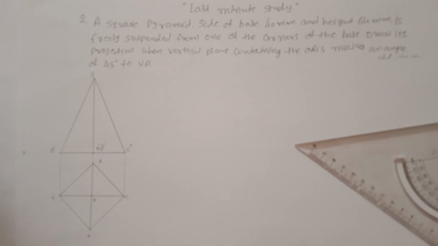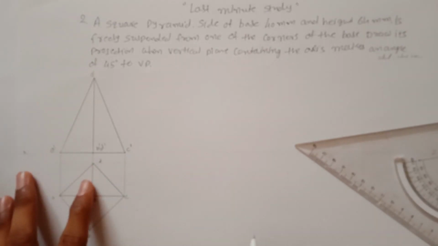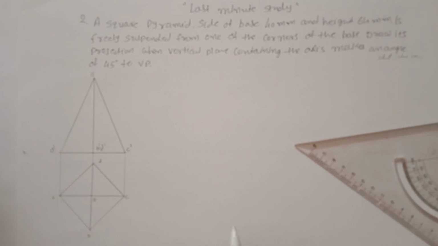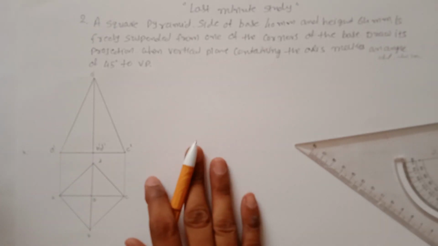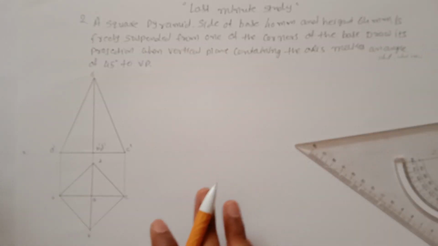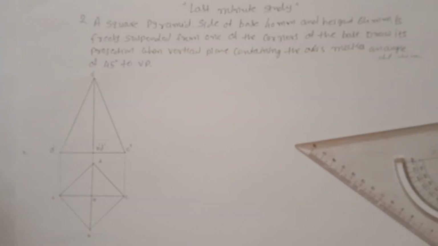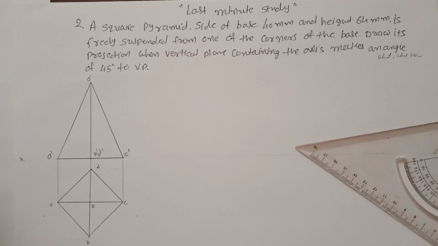So this is my initial position, which they have not asked to draw, but you have to draw it to find the intermediate or second position, where the solid is freely suspended with its corner point. So one of the corners is this.